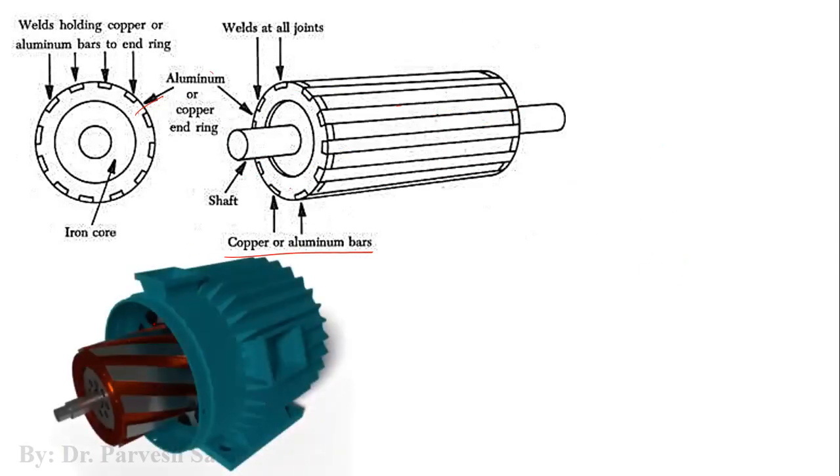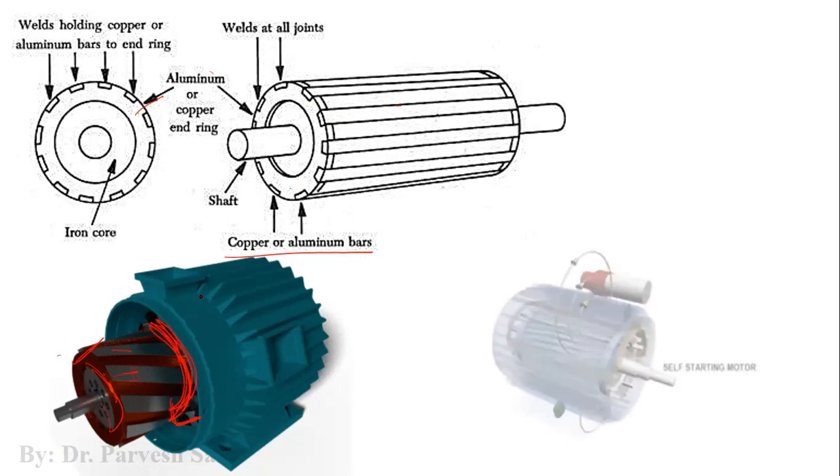Now you can better understand from this particular pictorial diagram. This is the rotor, which is a cage type formation, right? These are the conductor bars, these are the end rings. It is placed in the stator, and there will be a three phase rotating flux in the air gap. This flux will cut these conductors and we get the rotation.